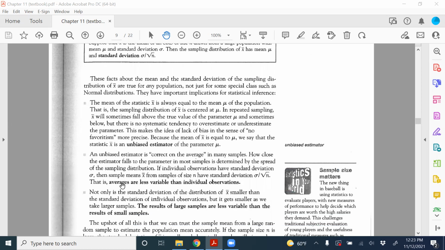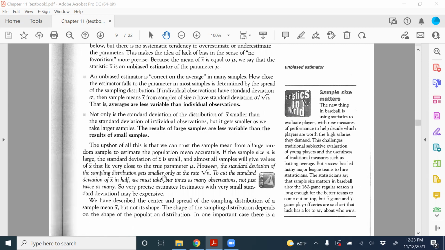So the averages become less variable than individual observations. The results of large samples are less variable than the results of small samples. So that's why we do sigma over root n for our sample standard deviation.